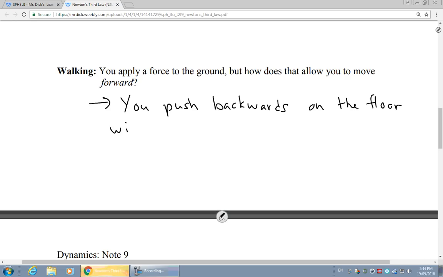So we push backwards on the floor with your feet, or at least one foot at a time. So the floor pushes your feet forwards.